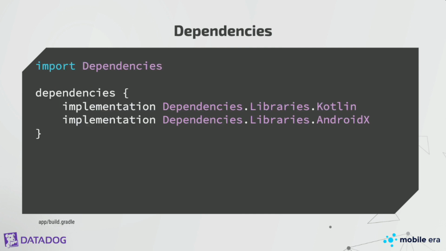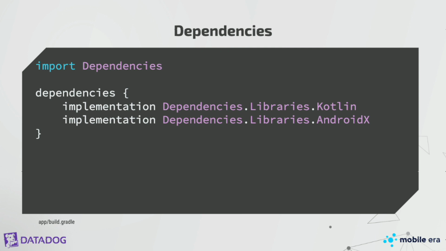And then you can just say this. So you're going to say, OK, my implementation is now dependencies.libraries.kotlin and dependencies.libraries.androidx, which is fairly nice because now you can name them. So if you're depending on some GitHub library that has an obscure name, you can name it correctly. And also, because this is compiled, you're going to have some completion when you're typing this.